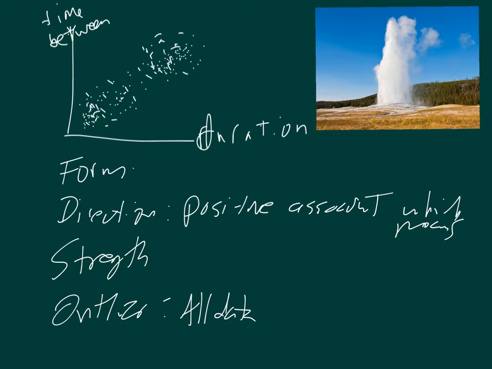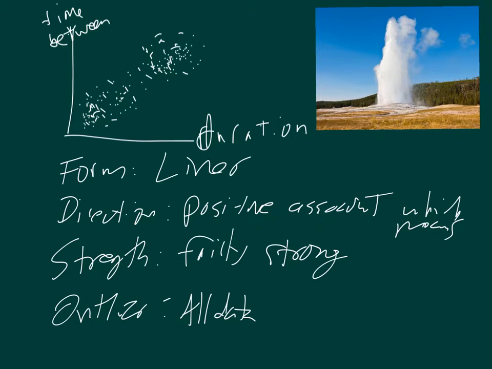Form, this appears to be linear. And strength, I would say this is fairly strong. I say it's fairly strong because you look, all the data is pretty consistent in what's going on here. Yeah, it might be spread out this way a little bit, but it's all following that linear pattern.